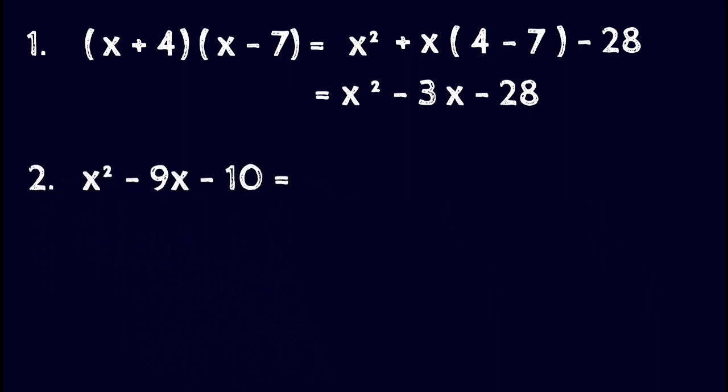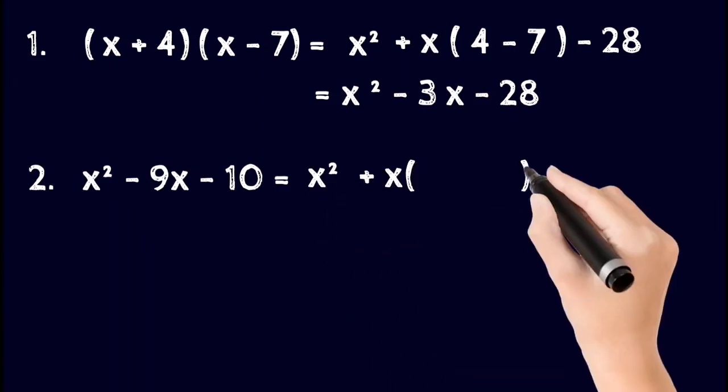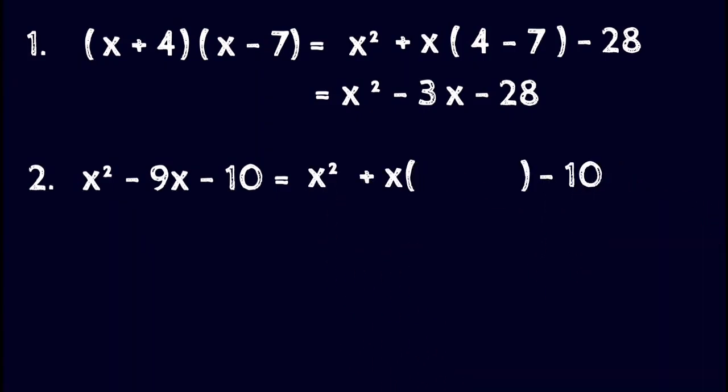Suppose I have x squared minus 9x minus 10. I want to factorize this. I'm going to need to take it into the format that I did in the previous multiplication. I'll write x squared plus x, open bracket, minus 10. Two factors that go into the bracket: two numbers that, multiplied, give you 10, and subtracted, give you 9. 1 and 10.